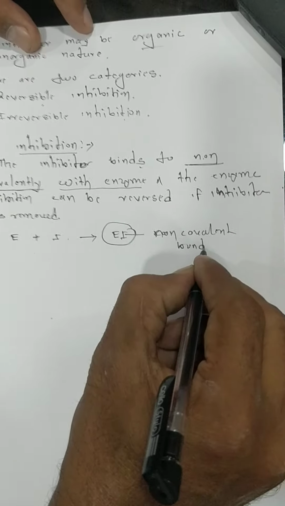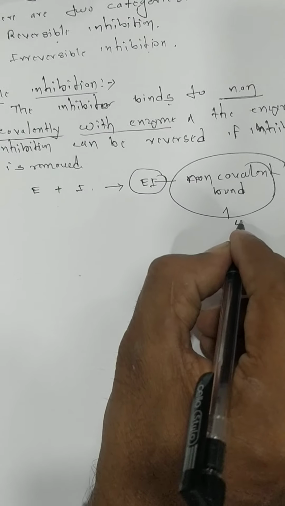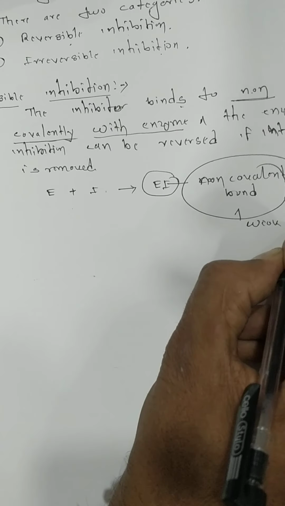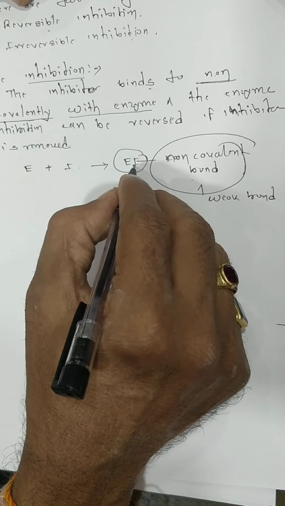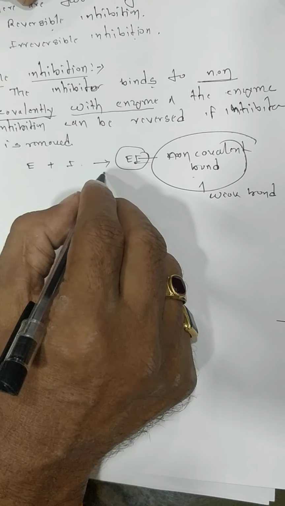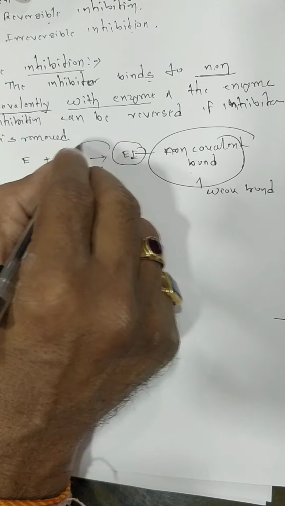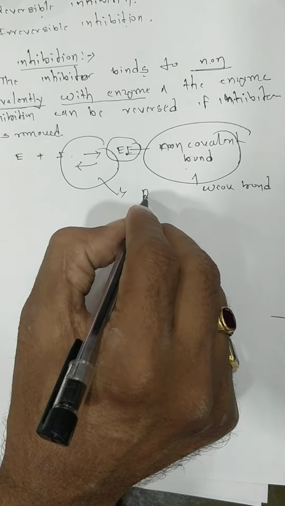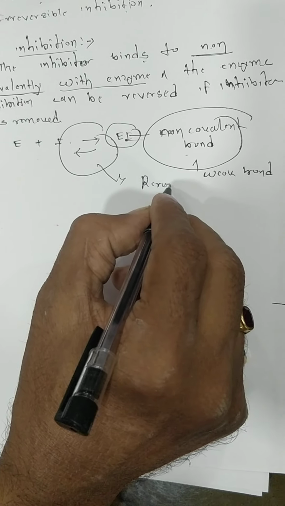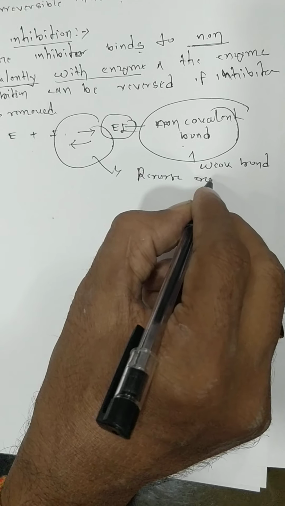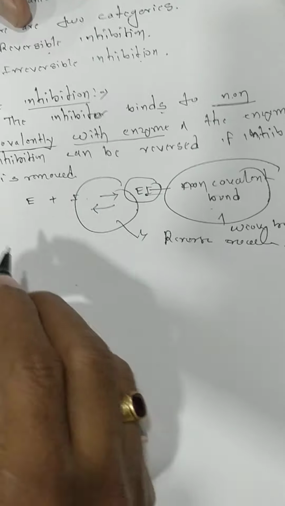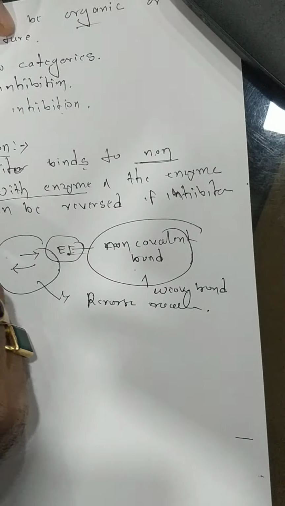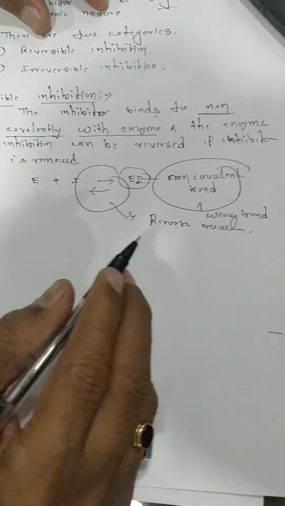You know the non-covalent bond is a weak bond. That is why, when the inhibitor is removed, the reaction goes on again. That is called the reverse reaction. Hence it is called reversible inhibition.